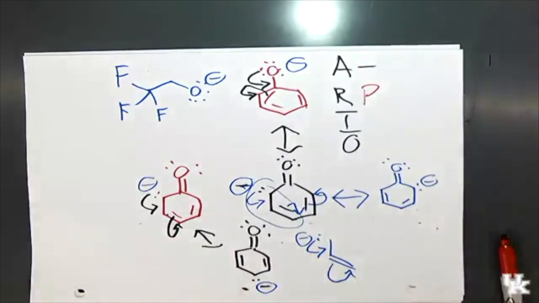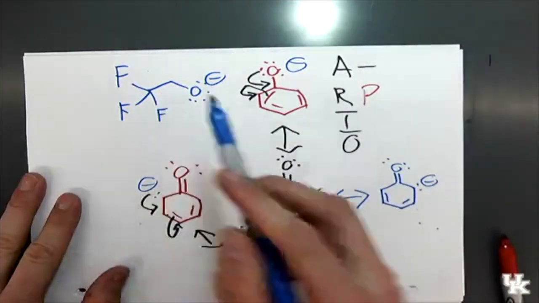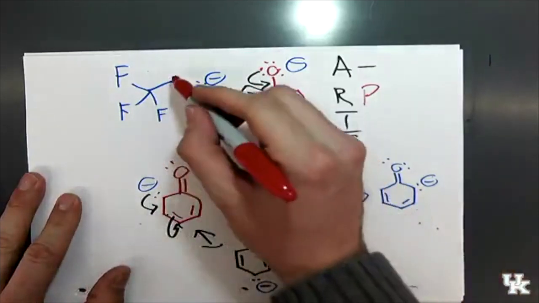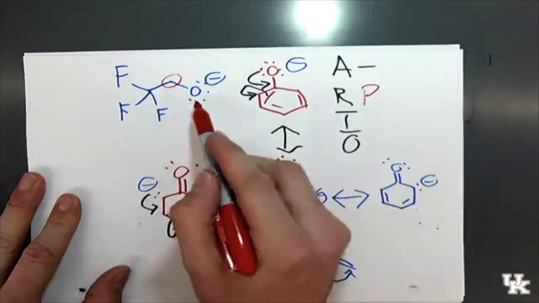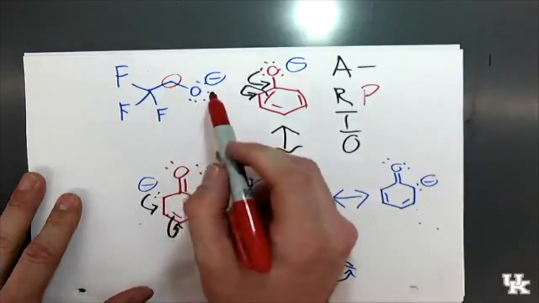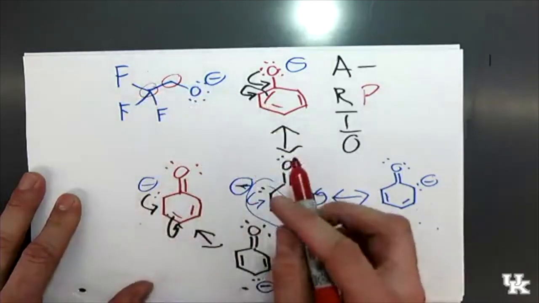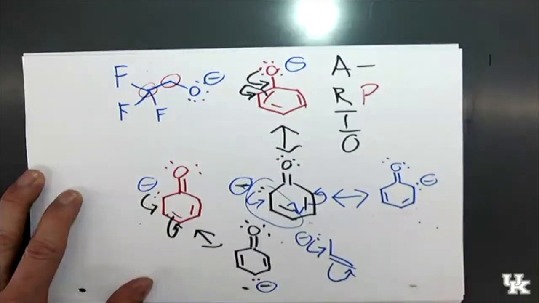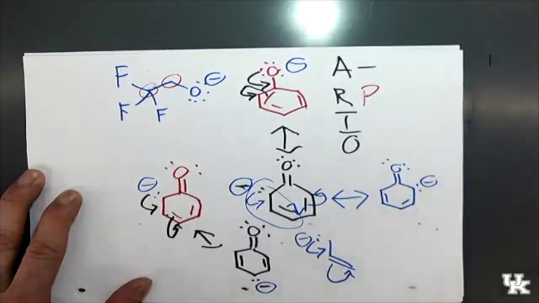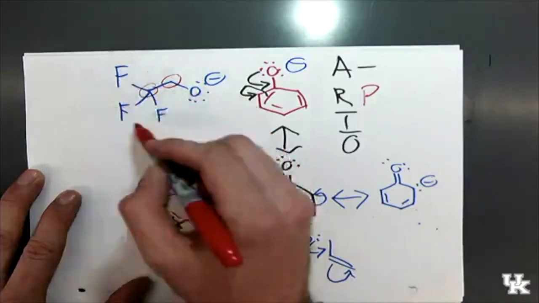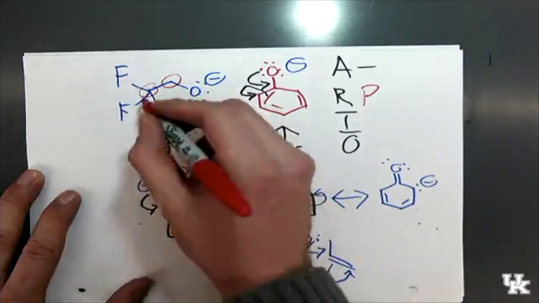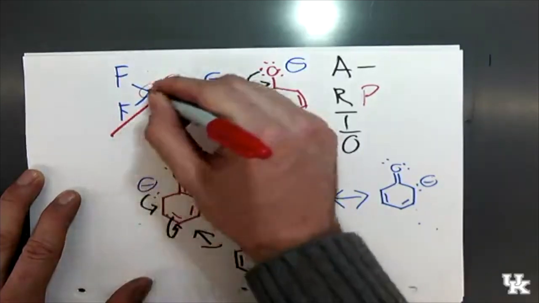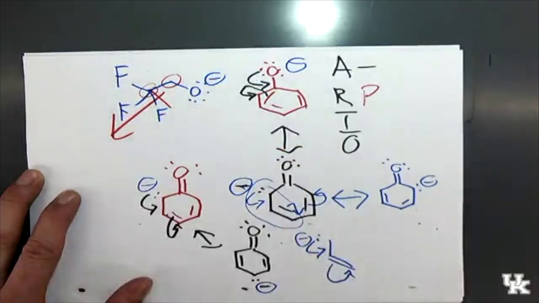Great. You're right. It's the alcohol, and that's because this carbon, the one next to the negative charge, is next to a carbon that has a whole bunch of fluorines on it. Even though that sounds complicated, if you draw the dipole for this carbon, it's going to be hugely in favor of the fluorines, right?